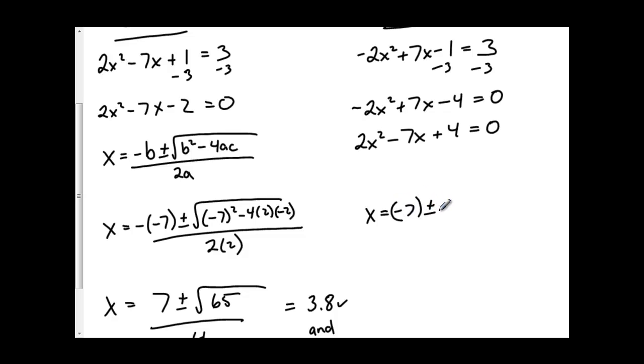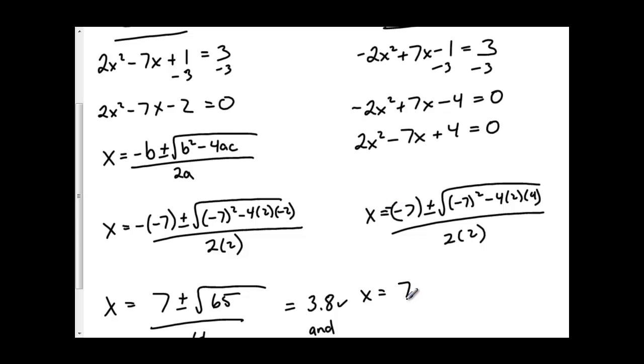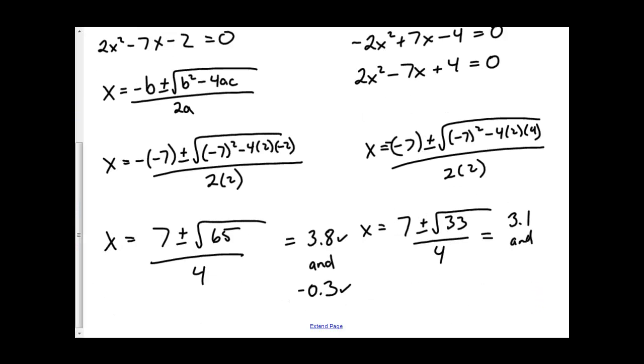So I get 7 plus or minus the square root of -7 squared minus 4 times 2 times 4, all over 2 times 2, which is going to give me 7 plus or minus the square root of 33 over 4, which is going to give me 3.1 and 0.3. And it turns out these both work as well.